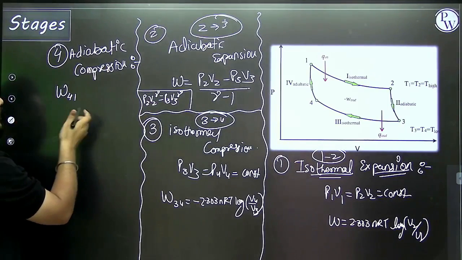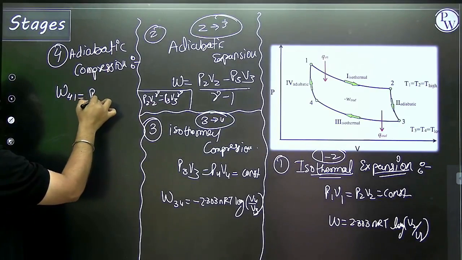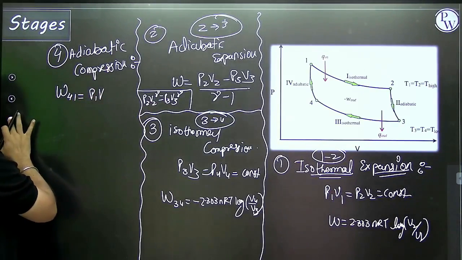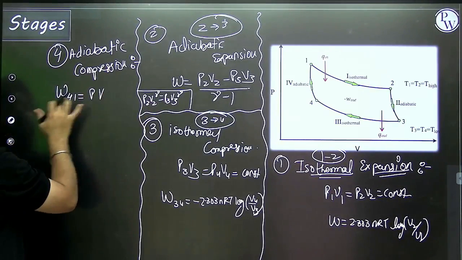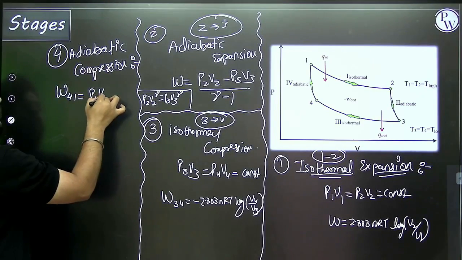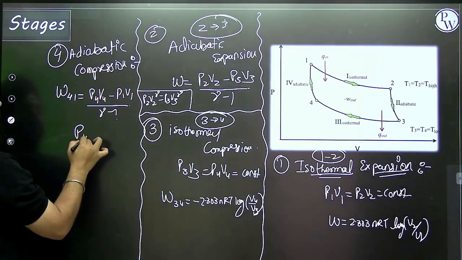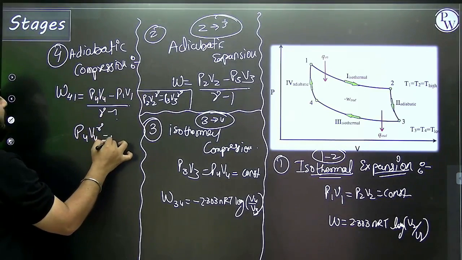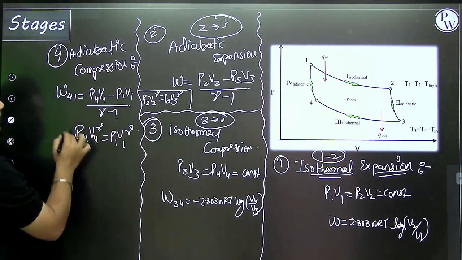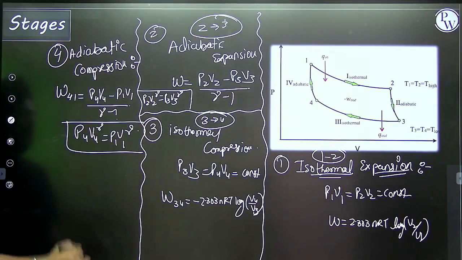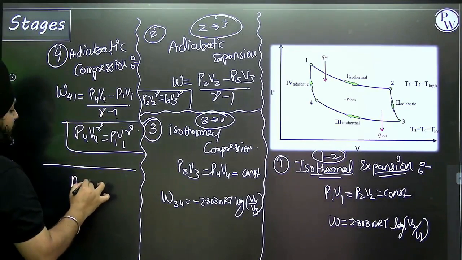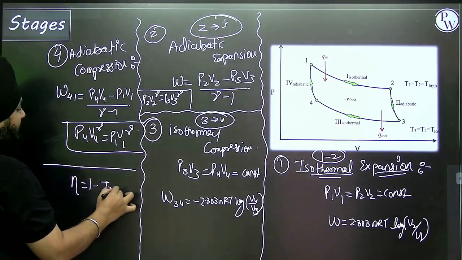The process is getting completed. Work done is equal to P4 V4 minus P1 V1, whole divided by gamma minus 1. P4 V4 to the power gamma is equal to P1 V1 to the power gamma, equal to a constant. From all of this, the efficiency of the Carnot engine is given like this.